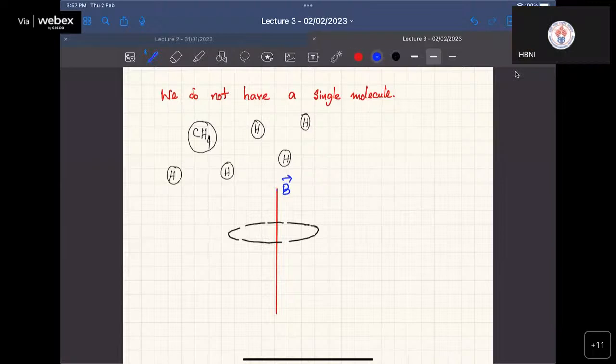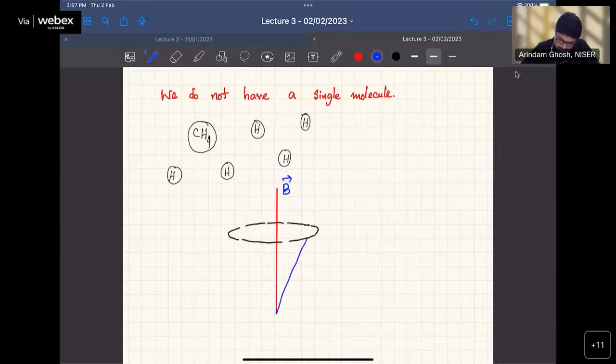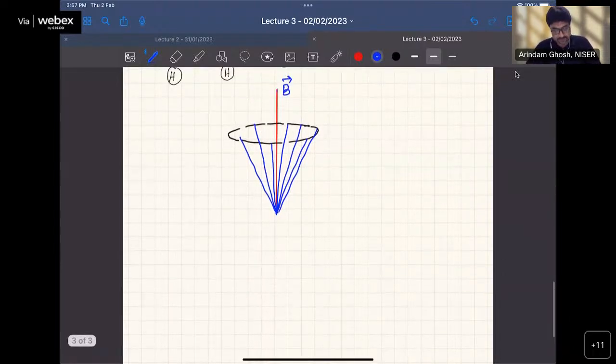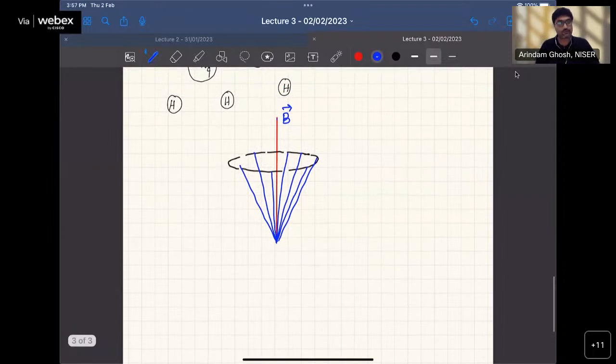However, now you have a lot of them, each coming from one molecule, a bunch of them. Is it just going to be like this? No, it is going to be even worse, because few of them are going to be in the alpha state and few of them will be in the beta state. That particular thing I'll be taking up later on.